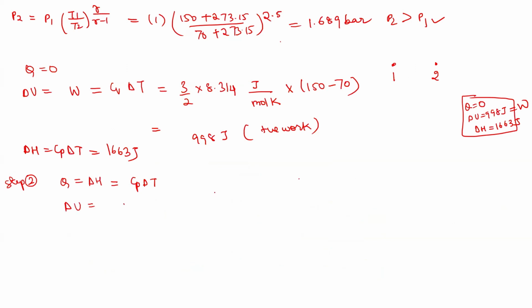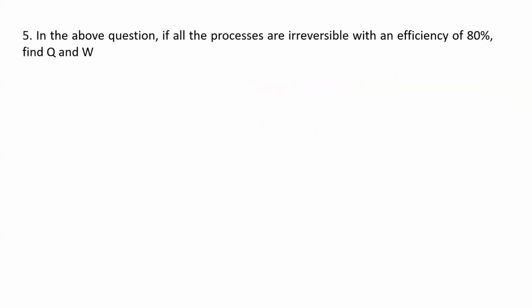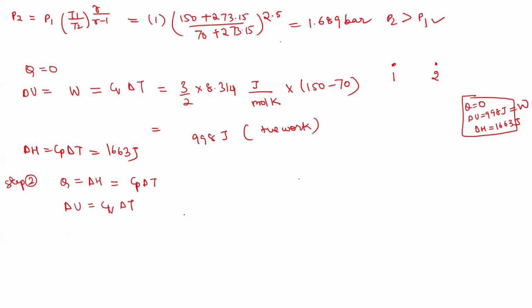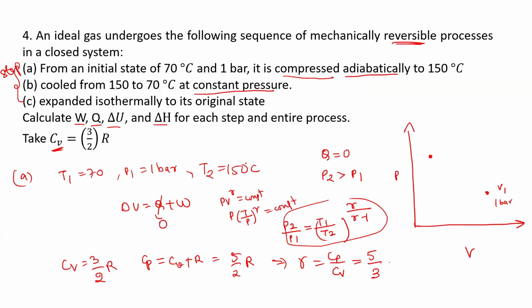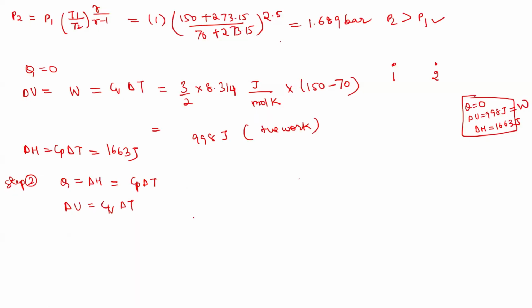But since here it is the reverse of the process, we are going from 150 to 70, so delta T is negative here, right? So delta U is negative, which is again minus 998 joules.